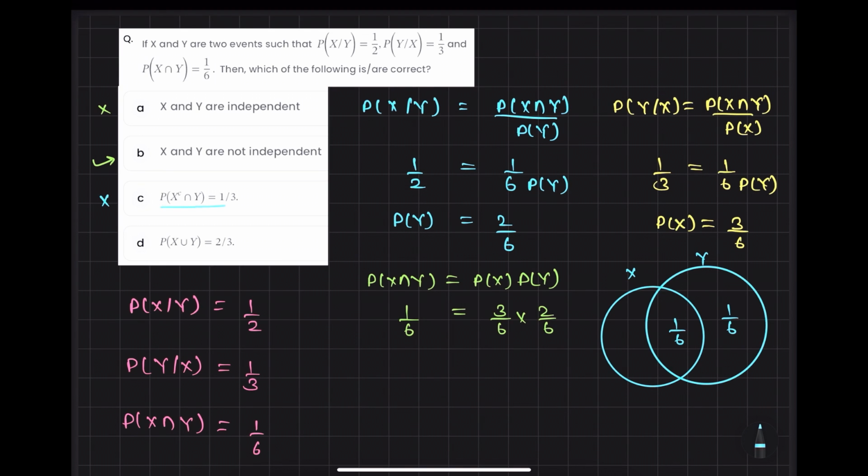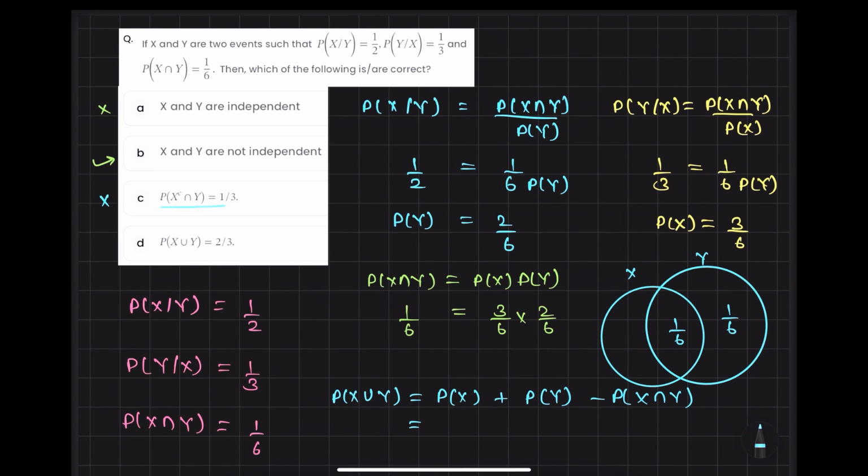Now we have to go with P of x union y. So it is P of x plus P of y minus P of x intersection y. Let's calculate.